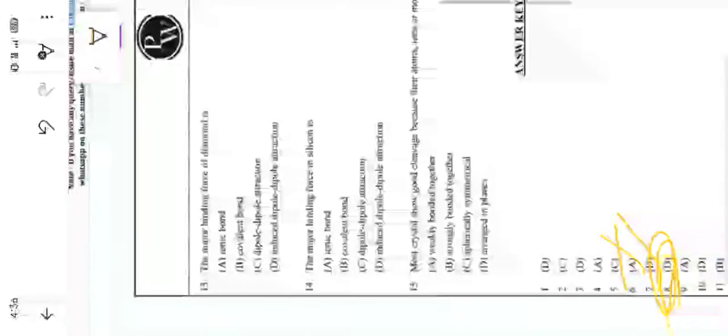Okay, now we have to do fast. Glass is a supercooled liquid. 8 is A. Oh, one minute, here it is given. Look, 8 is D. Why? Oh my god.